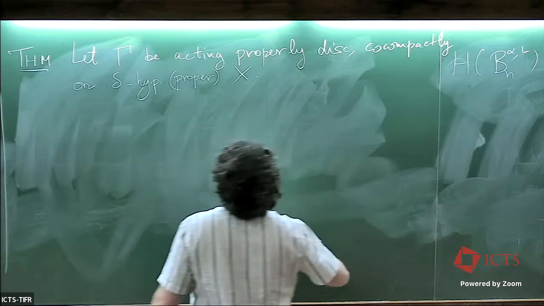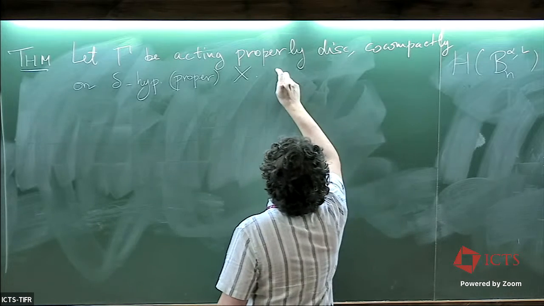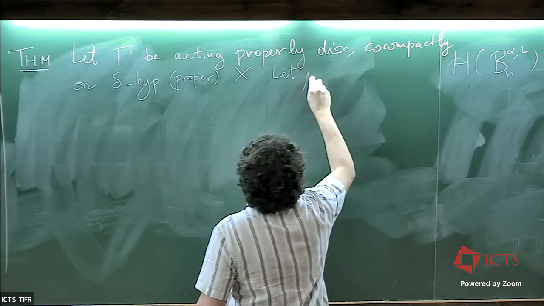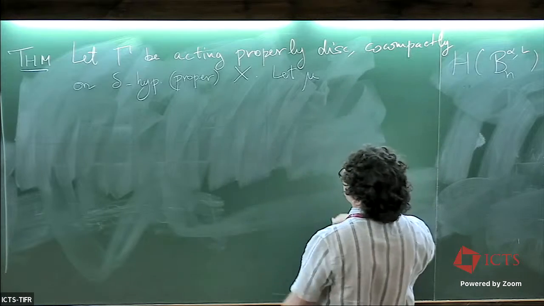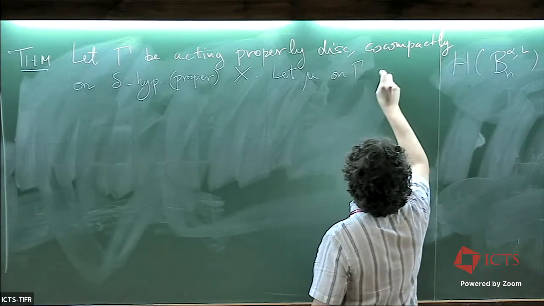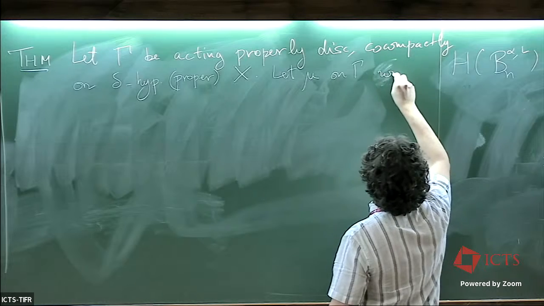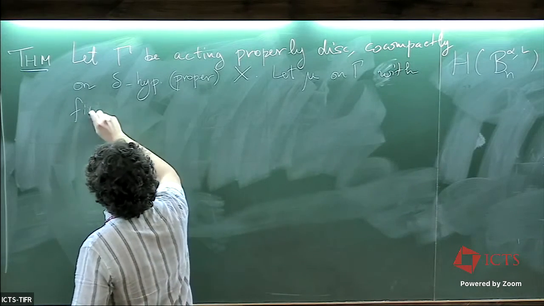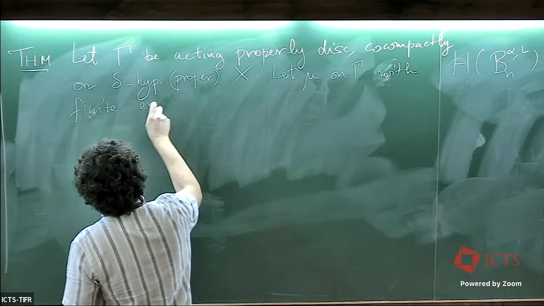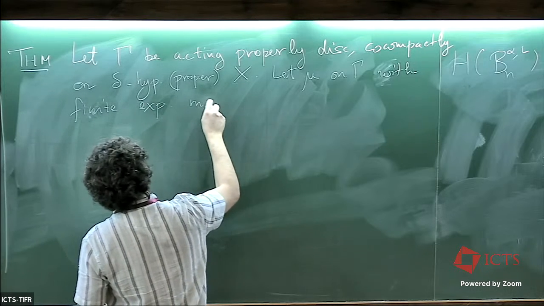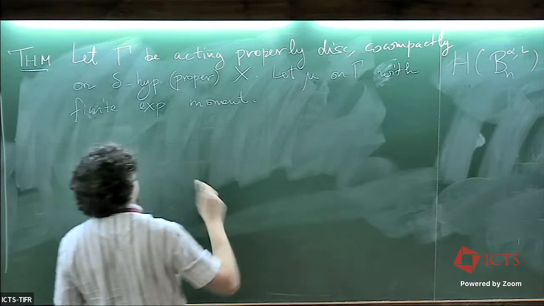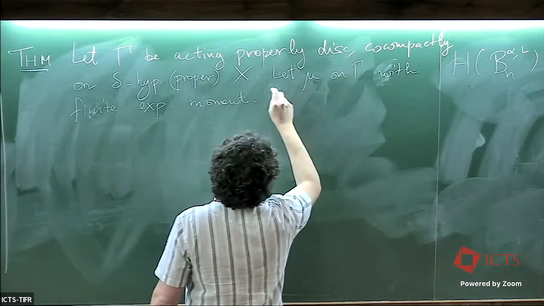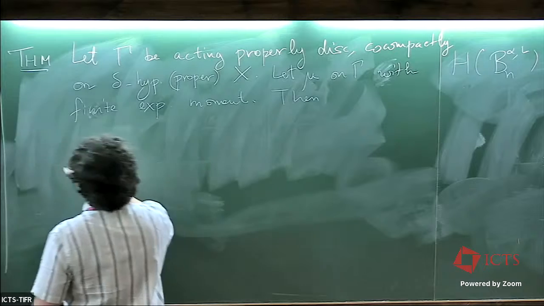Okay, and let mu be a measure. Actually, it's enough to have exponential first moment, but okay, finite exponential moment. In particular, if it's finitely supported, that's fine. Okay, so the following are equivalent.